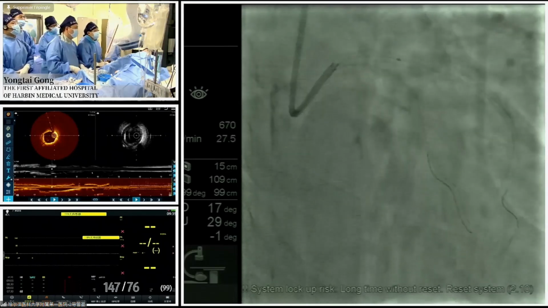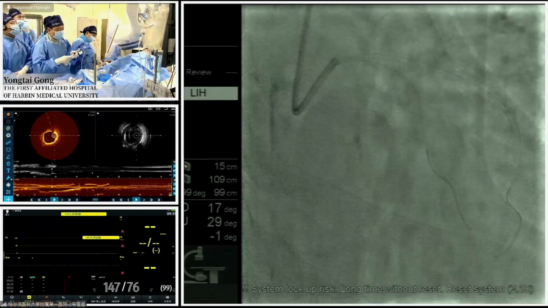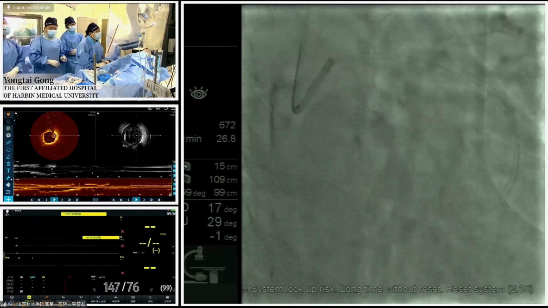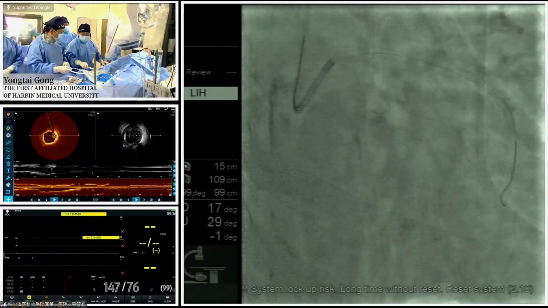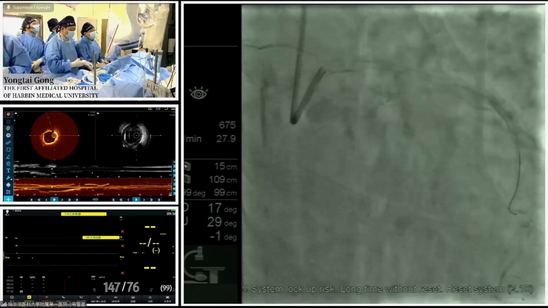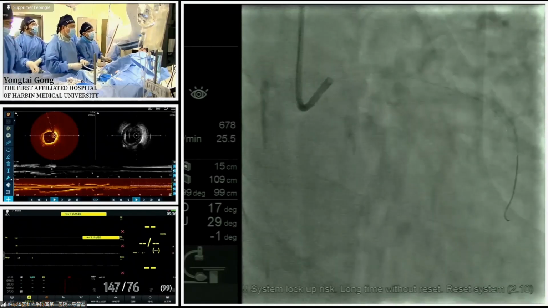The POT can avoid wire exchange outside the proximal part of the main branch. A short large NC balloon is set in the proximal main branch, at least 6 or 8 millimeters in length. The distal marker of this NC balloon must be positioned in front of the carina and the proximal marker inside the proximal stenting segment.